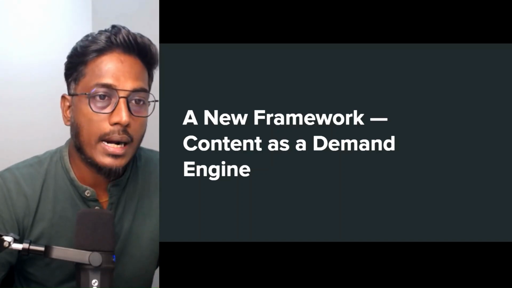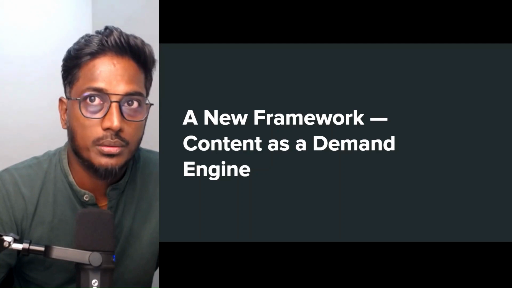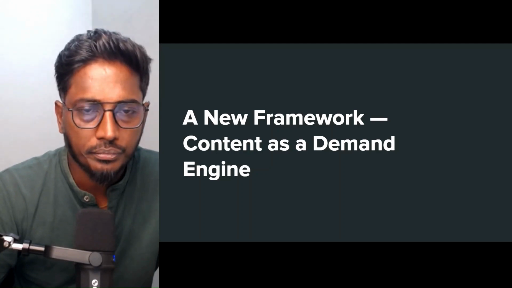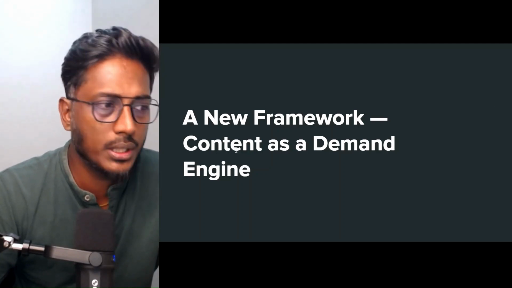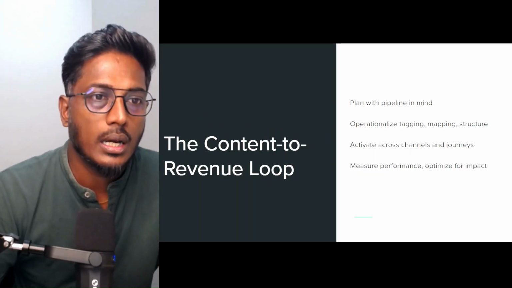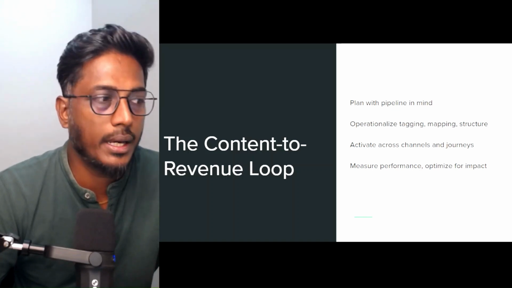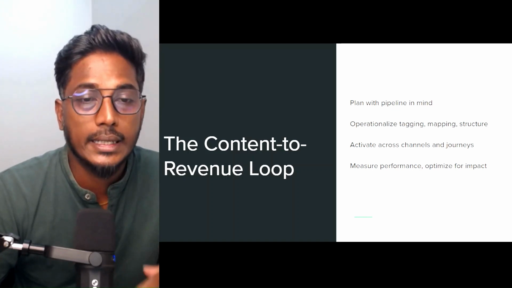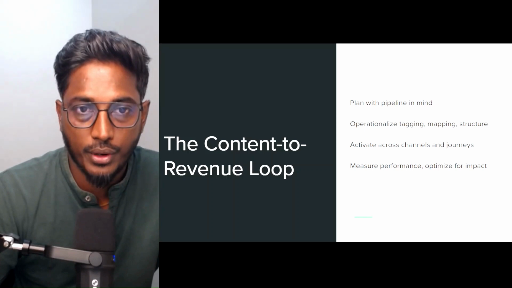Okay, so many marketing organizations treat content like a production line. A lot of ideas come in, a lot of ideas go out in the form of assets, and the success is measured by how much content gets shipped every week.